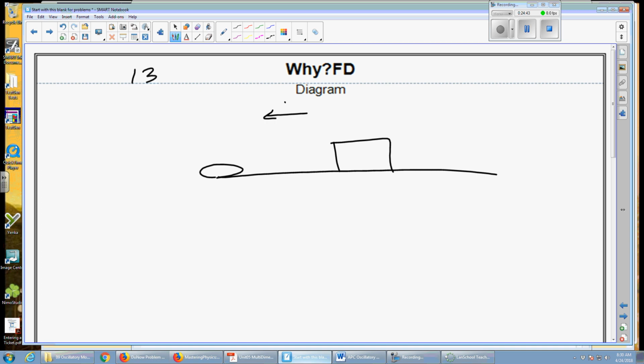That means their velocity is in this direction. They would have a force of gravity down on them, a normal force perpendicular to the surface, a frictional force opposite their motion, and an acceleration opposite their motion, because I know they're going from some high speed down to zero. So their acceleration must be opposite their motion. And that'd be my whole diagram.